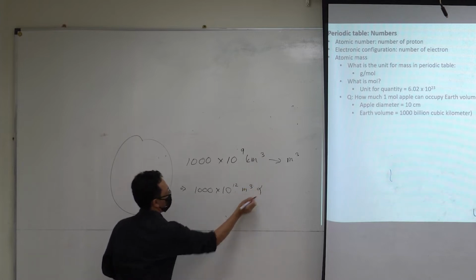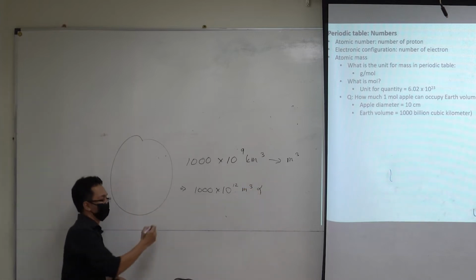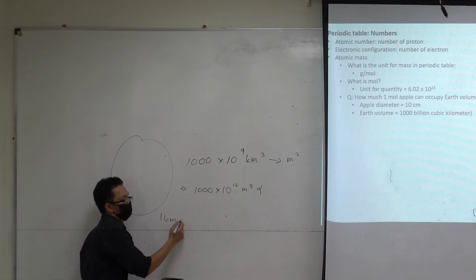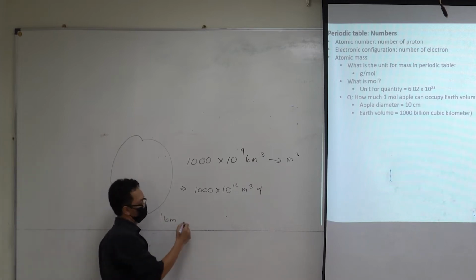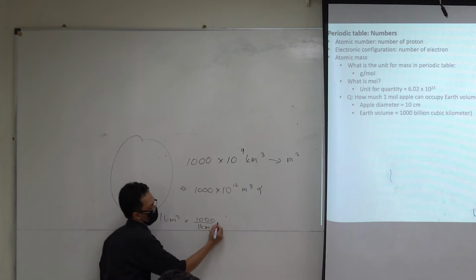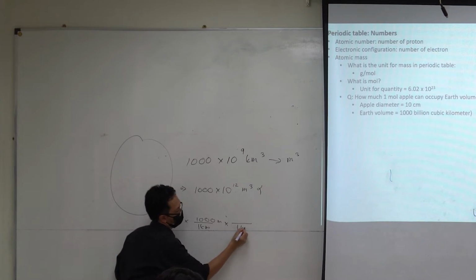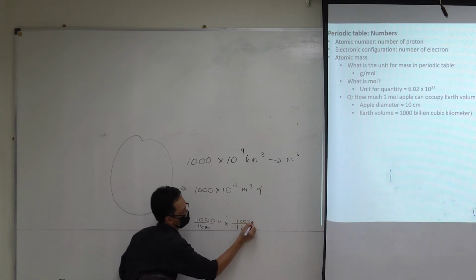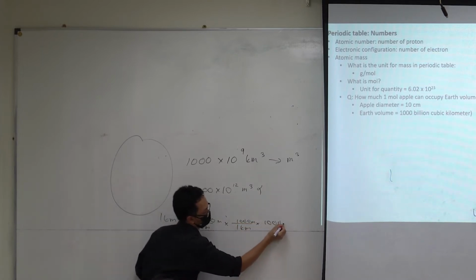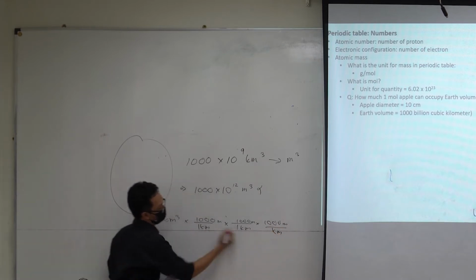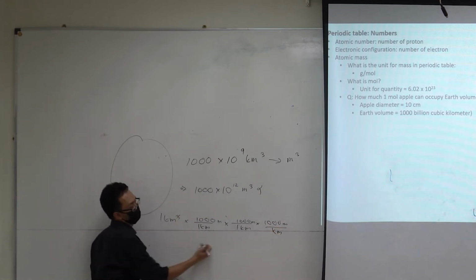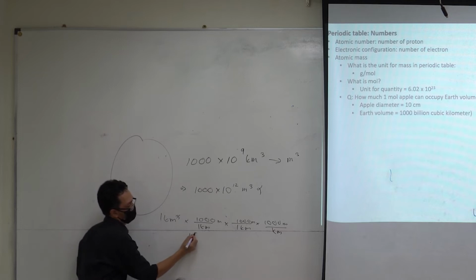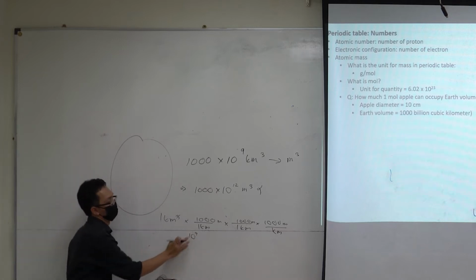This is wrong, because this is km cubed. 1 km, if you want to convert to meter, is 1,000 meter. Because this is cubed, you have 1,000 meter times 1,000 meter times 1,000 meter per km cubed, so you basically have 10 to the power of 9 here.